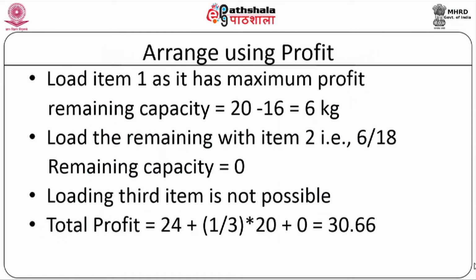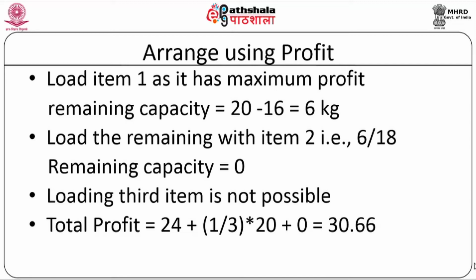Suppose, let us say if I go according to the profit, you can see that item 1 is having the maximum profit. So, I am just loading the knapsack with item 1.